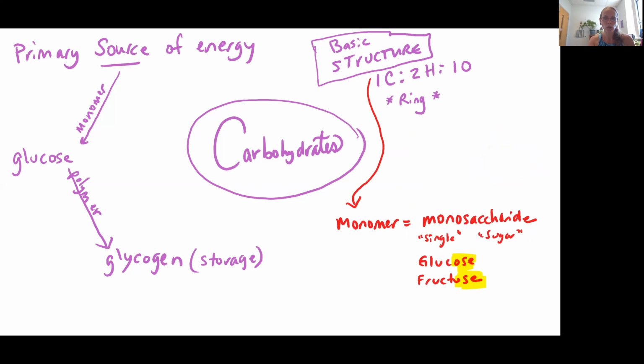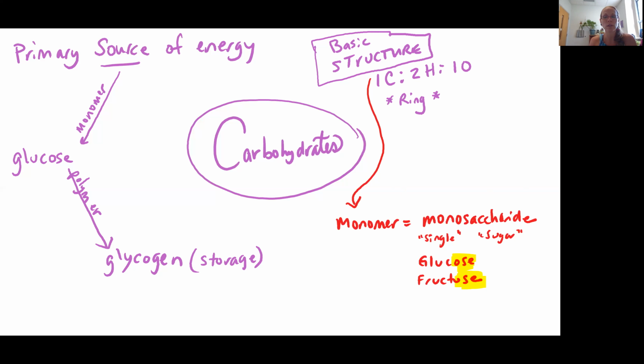Now, that basic structure, that ring that we were looking at, where you have the ratio of 1 carbon, 2 hydrogens, 1 oxygen, really is representing our monomer. And we talked about glucose as being our monomer, but there are lots of different monomers in our carbohydrates. So really, our best description of the monomer for carbohydrate is a monosaccharide, where mono means 1 and saccharide means sugar.